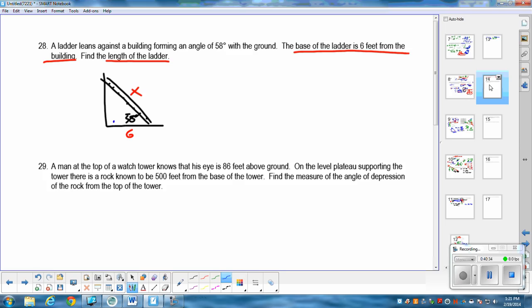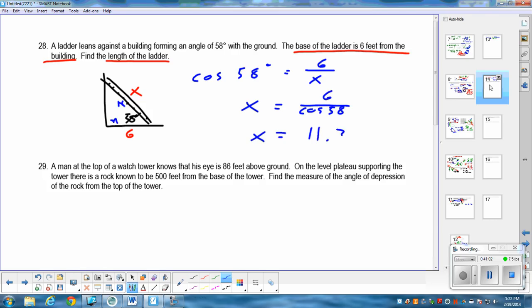So we are given the adjacent. We would like to find the hypotenuse. We're going to use cosine of 58 degrees equals the adjacent over the hypotenuse. Cross multiply the x, divide by the cosine of 58 degrees, sorry. And we get x is 11.32 feet.